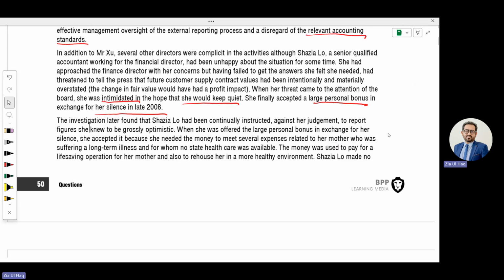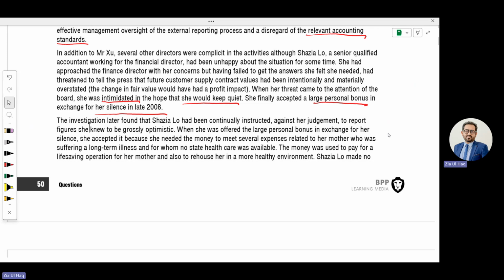because she needed the money to meet several expenses relating to her mother, who was suffering a long-term illness and for whom no state health care was available. That's why she accepted the money as a bribe. The money was used to pay for a life-saving operation for her mother.